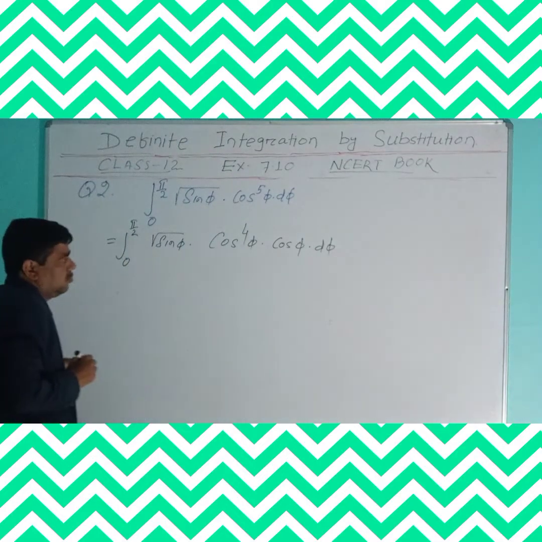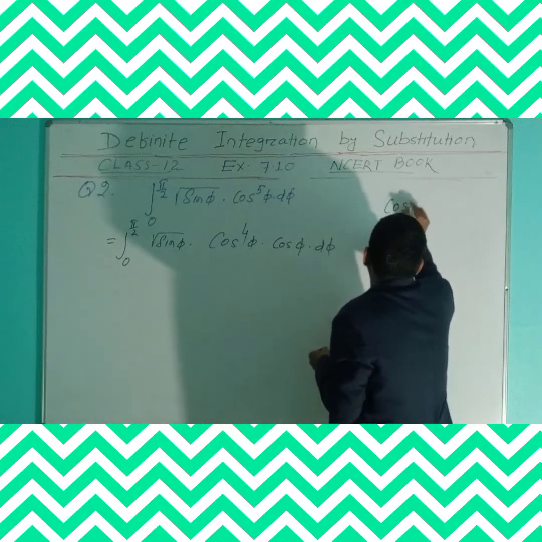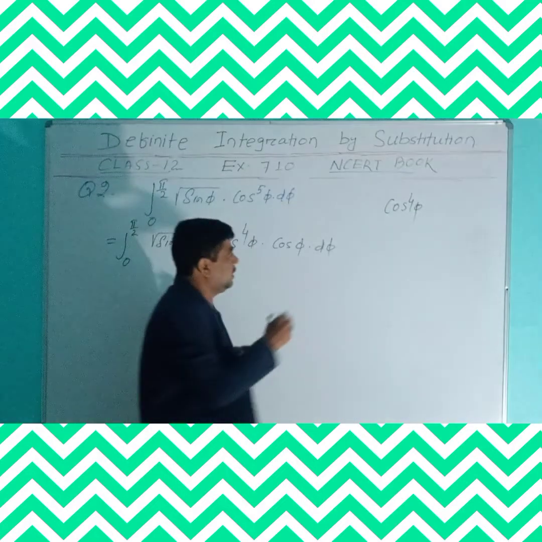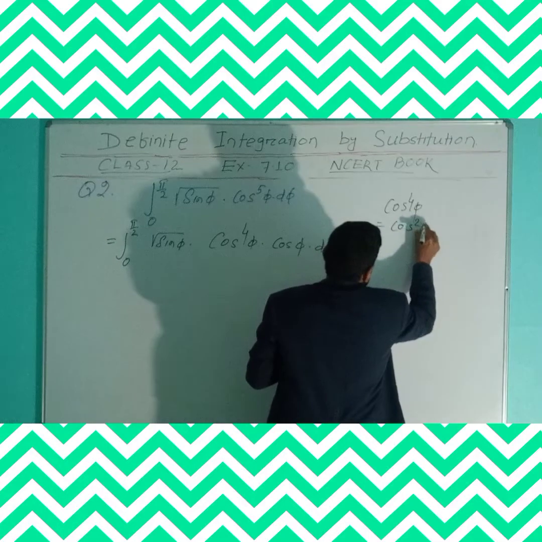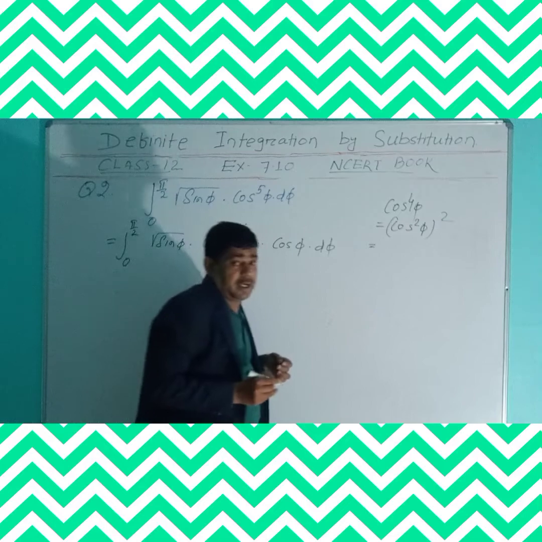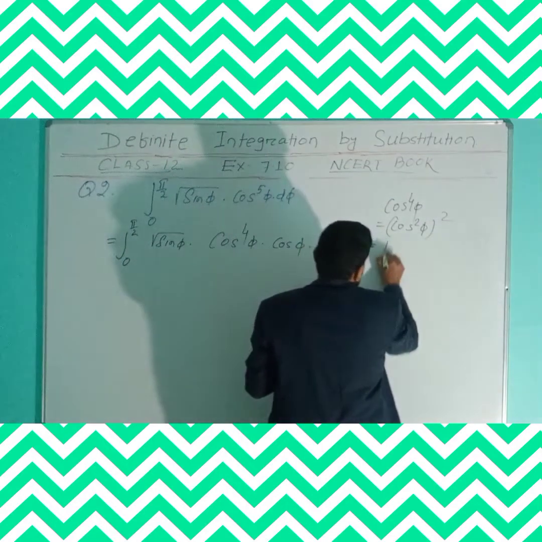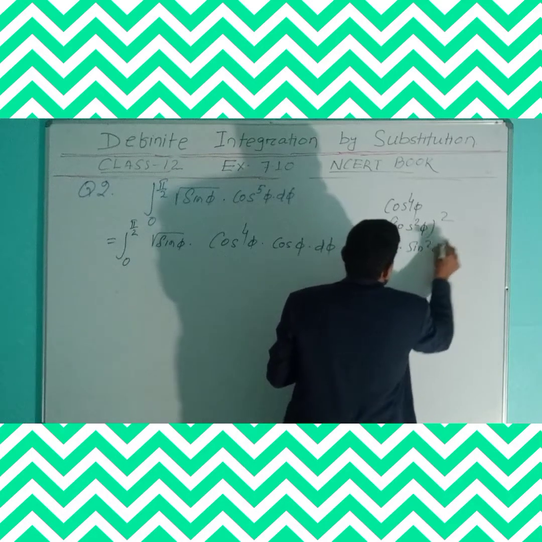Yes or no? Again, cos to the power 5 phi, you can write cos to the power 4 phi as cos square phi whole square, and cos square phi is 1 minus sin square phi. So cos square phi will be 1 minus sin square phi, whole square.